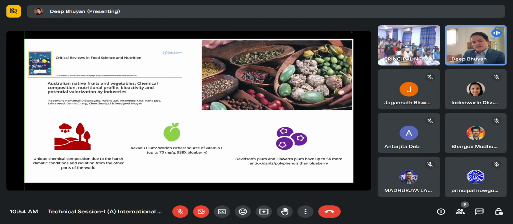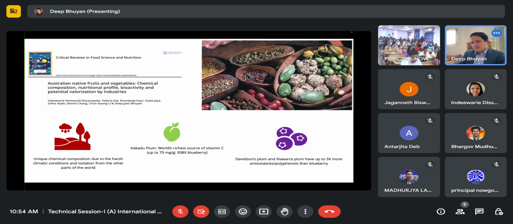Because of that, these fruits and vegetables are very rich in secondary metabolites, which are essential for human health. For example, fruits like Davidson's plum and Illawarra plum are rich in antioxidants and polyphenols. They have about 5 times more polyphenols than blueberries, which are like the poster child of polyphenols or good health when you talk about fruits and vegetables. So this is why we are actually looking at these Australian native fruits and vegetables.